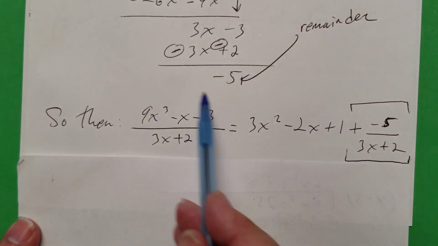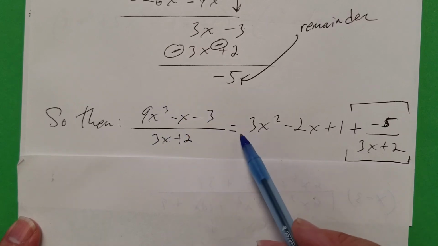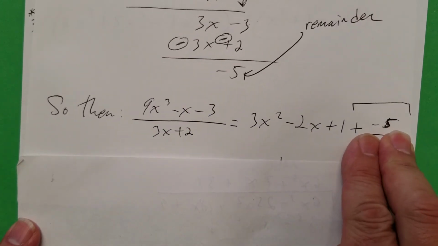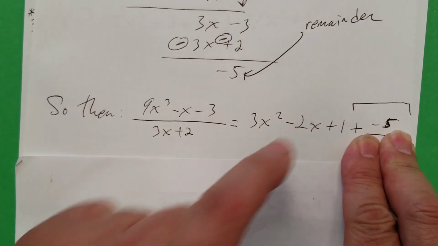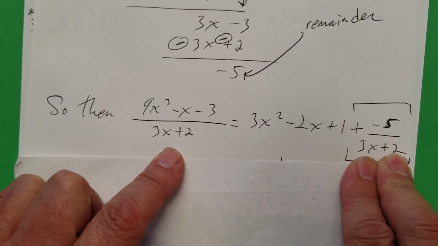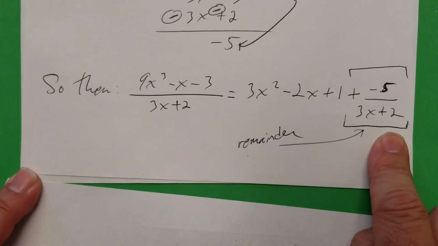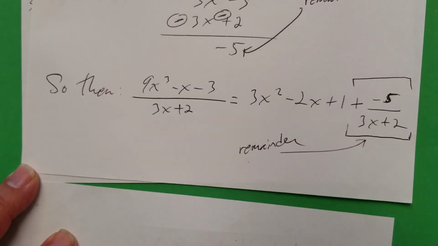I rewrote it in this form because it takes less space. Equals the answer plus negative 5 remainder. And remember what we do? We put that over what we divided by. So that's how we write the remainder. So we do exactly what we did in the first example, except now we have a remainder.